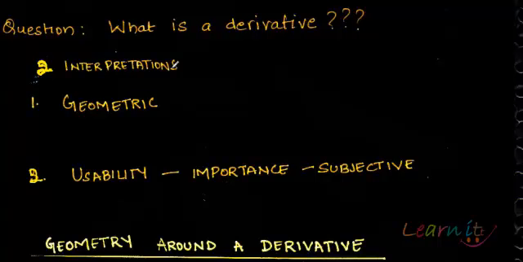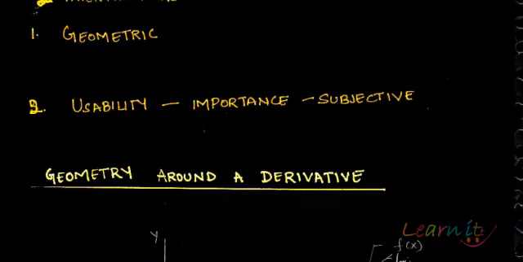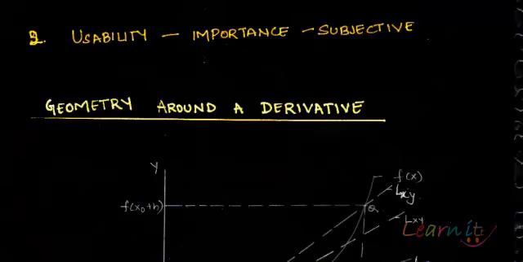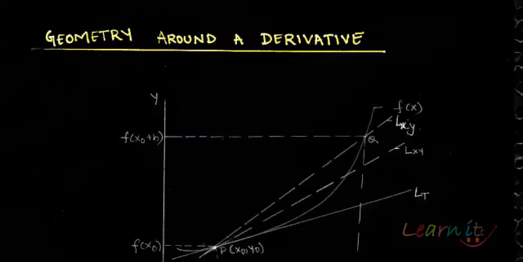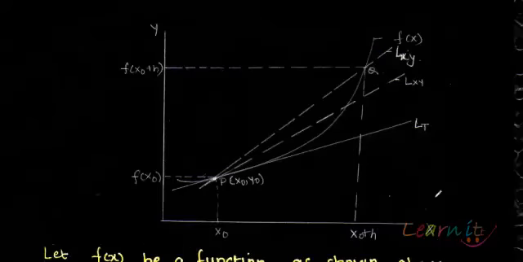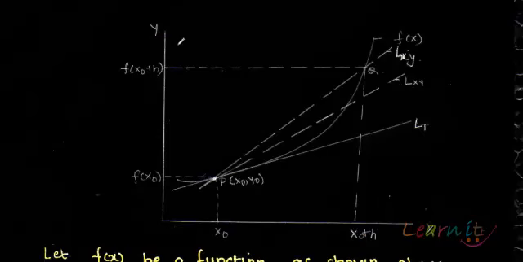Now let us first of all concentrate on what we mean by the geometric interpretation of a derivative. So, geometry around a derivative. Here I have made for you a simple diagram, in case it is not looking that simple. It shows us a function.